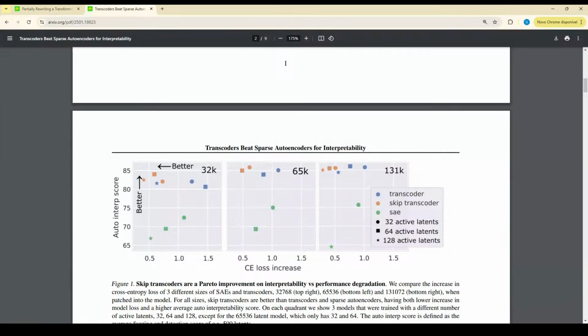So one last thing, and then if people have more questions, I'll be glad to take them. I actually like this idea of showing how good SAEs are in this kind of auto interp versus cross entropy loss plot, instead of showing it on L0 versus cross entropy loss.